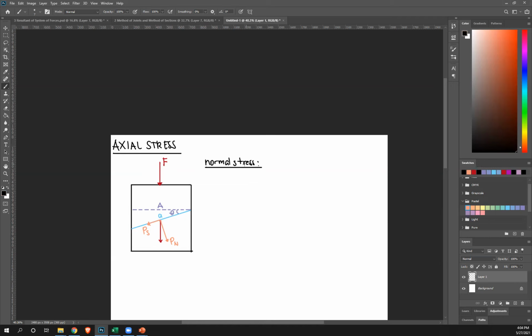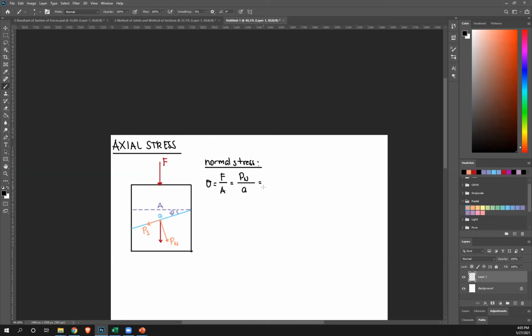Okay, so we're concerned with normal stress, so I need the normal force. Okay, so let's create our equation. So the general equation for stress once again is F over A, right? And then from that, we can get more specific. This is normal stress, so we're concerned with P, or in this case, I've written it as Pn. And then your A, the area in question, is actually the slanted one, so small a.